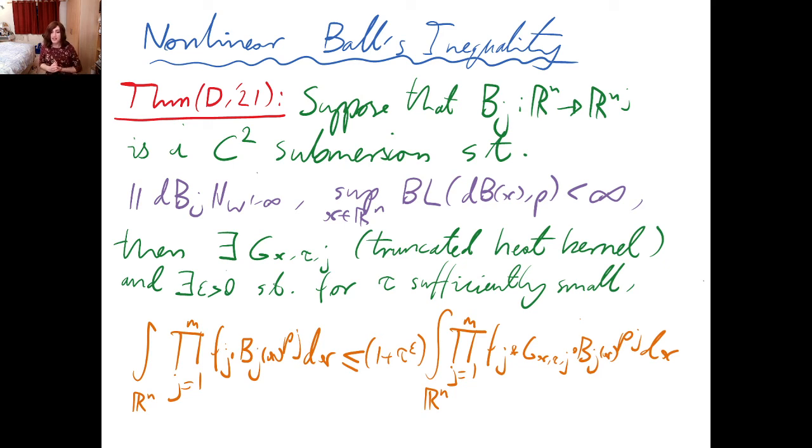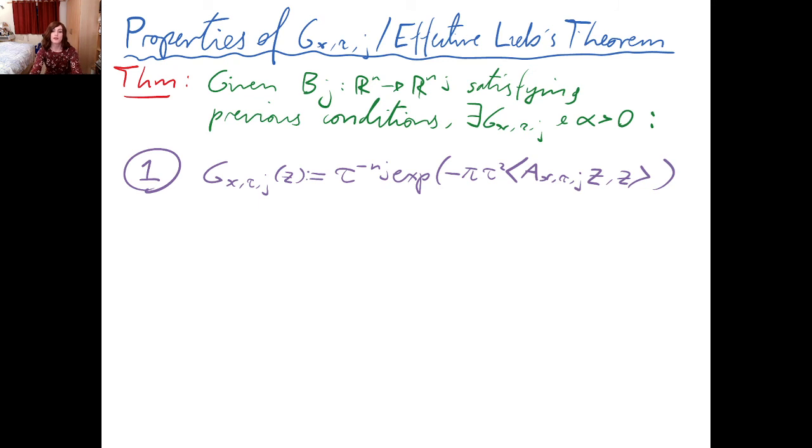And this G_{x,tau,j} satisfies some quite nice properties. This is the effective Lieb's theorem that I'm going to be talking about. G_{x,tau,j} takes this form, which looks like an x-dependent mollified Gaussian.